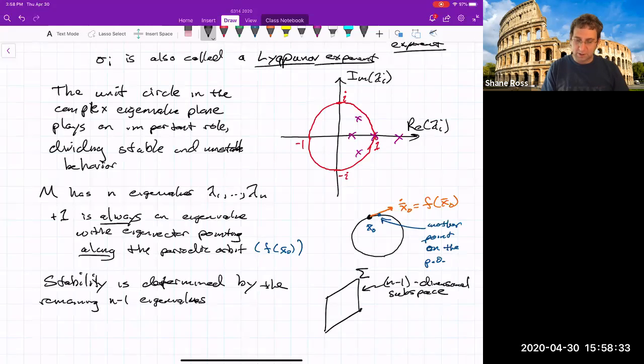Really, these other n-1 eigenvalues, their corresponding eigenvectors span this space. They span this tangent plane, which has, right, here's the vector that's pointing along the periodic orbit.